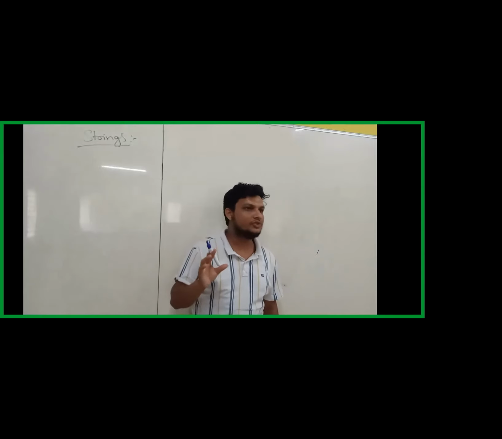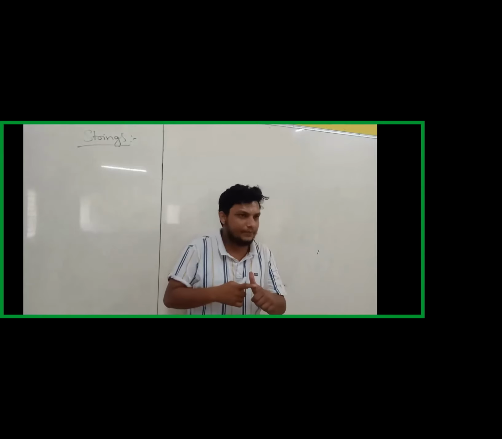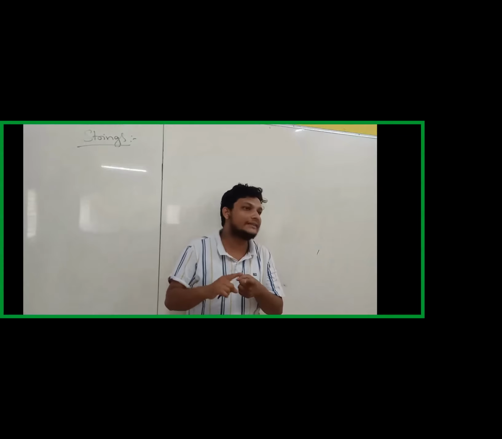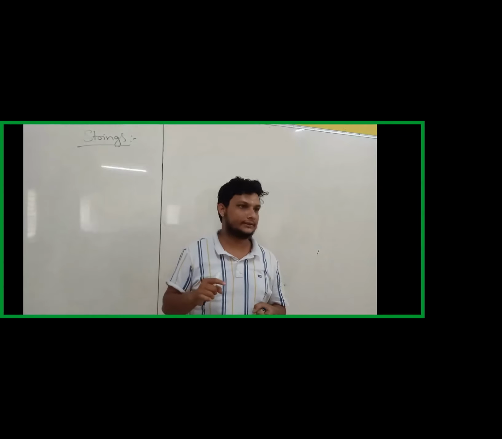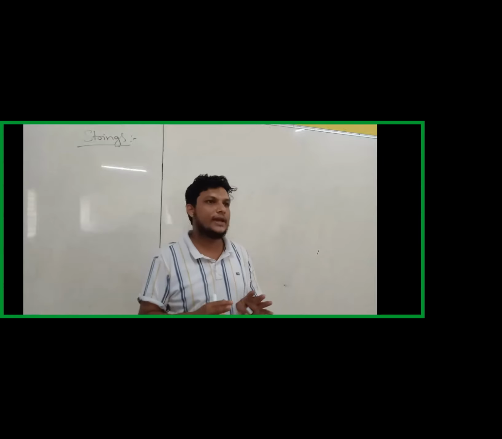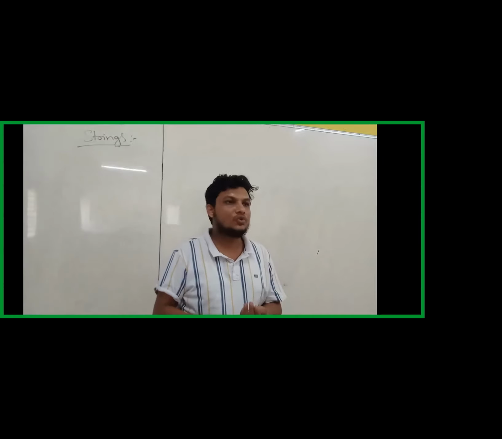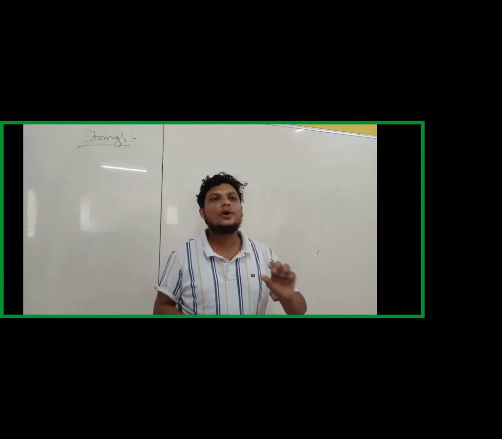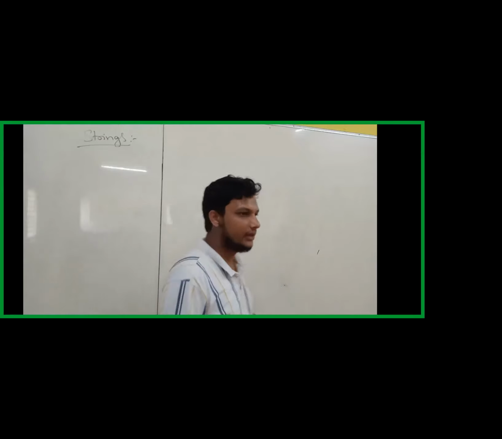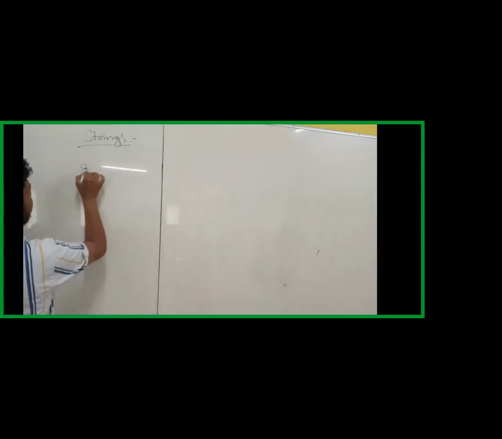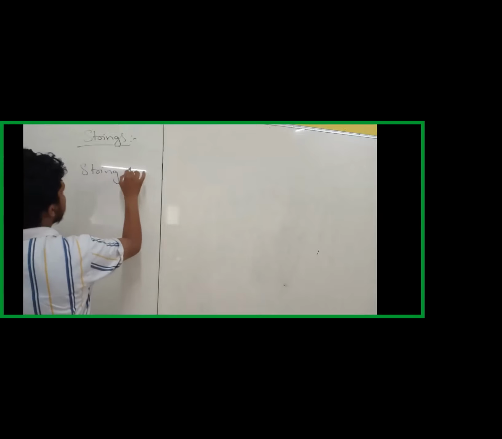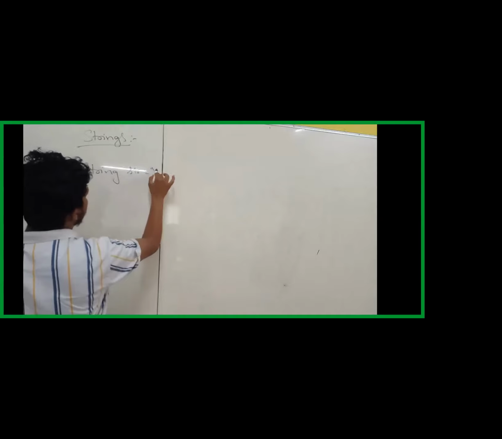Now, string is a data type in Java, as well as an inbuilt class. String is not actually a data type, it is a class. What does string do? It is going to store a group of characters. Like this, we declare String str is equals to "hi".